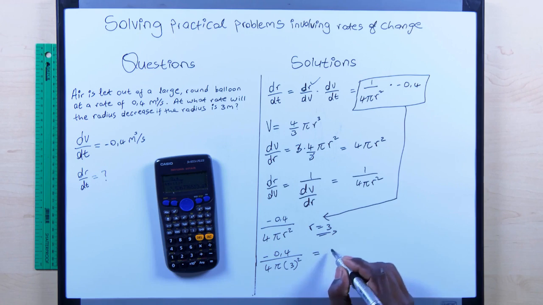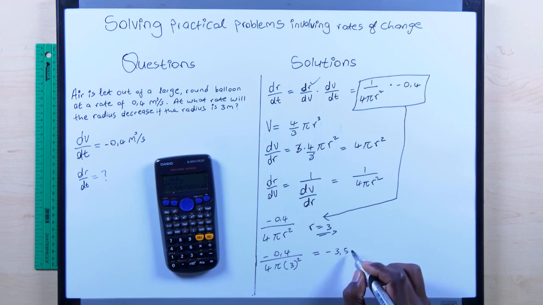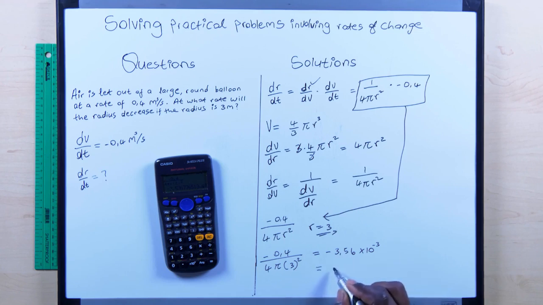Your answer becomes negative, actually let's write it in the form it is, negative 3.56 times 10 to the power of negative 3, which clearly means that it's not 0.00.